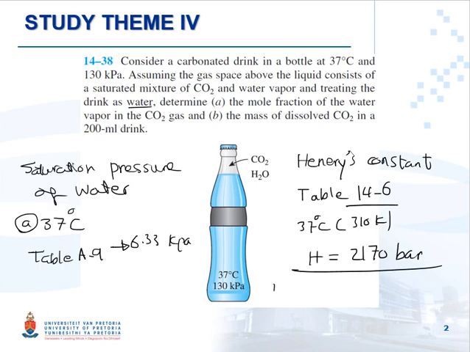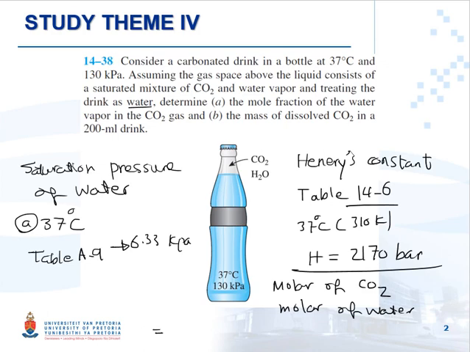Okay, what else can we read from the tables? Molar mass. So the molar mass of carbon dioxide and the molar mass of water, we can read from the table, or it's something that we know, but we can go to table A1 and read them.